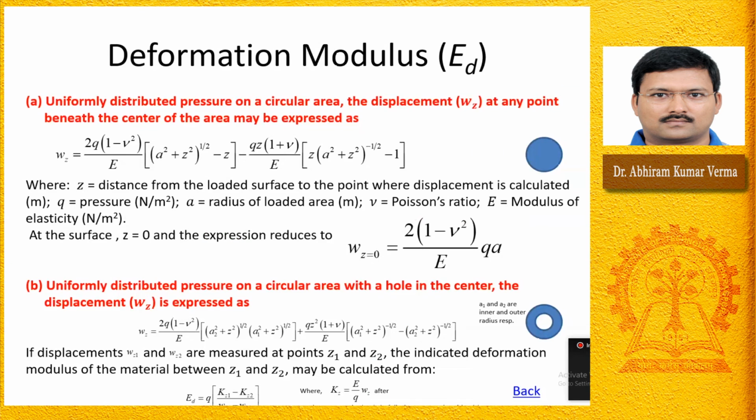Now, if you look at this slide, we are trying to find out the deformation WZ. WZ is the deformation between the 2 points, the loading point and the point at which we are anchoring, right? So we are trying to find out the WZ when your loading will be like this. Loading will be very flat, and you are not putting any type of borehole extensometers.